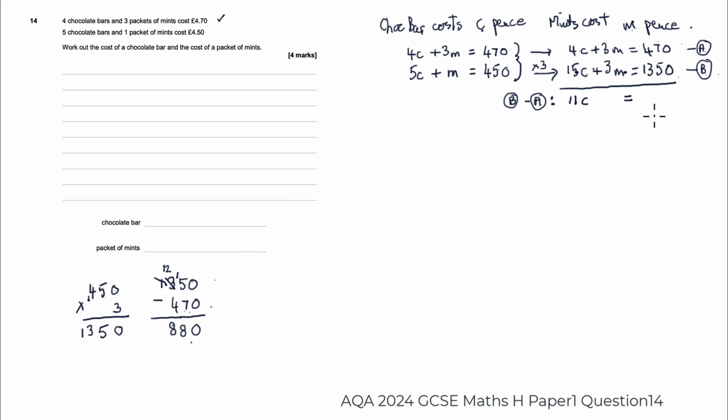So we get 880. Now, a little equation. We want rid of 11 times C. So let's do the same to both sides. We'll divide both sides by 11. Remember, you have to do the same to both sides, otherwise it won't be balanced. So we're dividing this by 11. That 11 disappears. You get 1C.